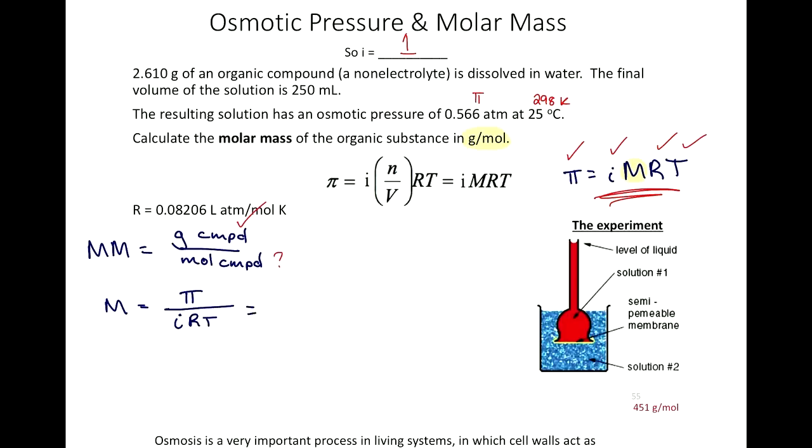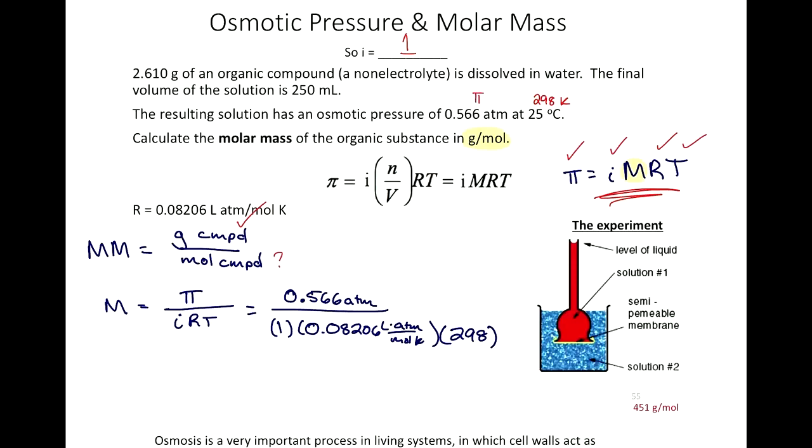We're given that the osmotic pressure is 0.566 atmospheres. We already calculated the van 't Hoff factor is 1, R is 0.08206 liter atm per mole Kelvin, and the temperature is 298.